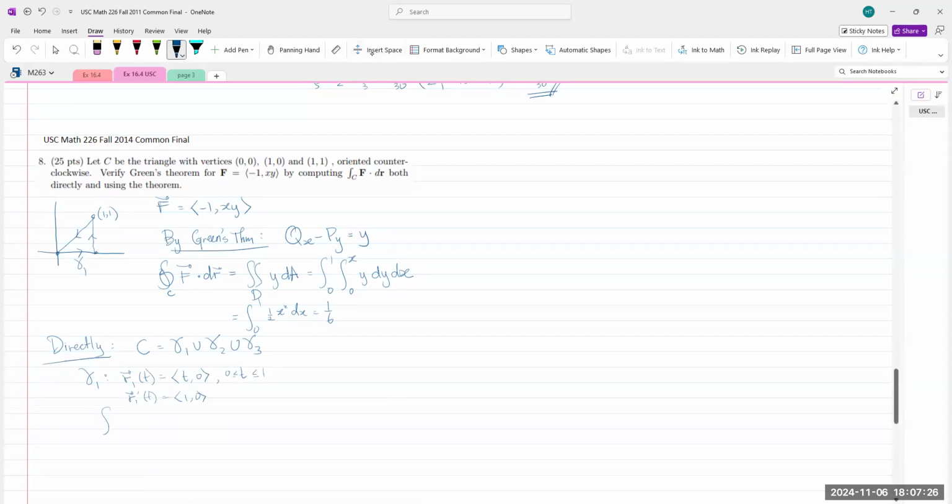So the integral over gamma 1 of F dot dr becomes the integral from 0 to 1 of (-1, xy), where x times y is 0, dot r prime (1, 0) dt. That will be the integral from 0 to 1 of -1 dt, that's just -1. Okay.